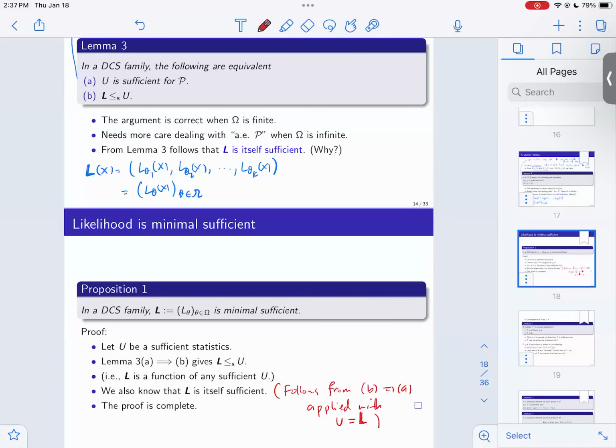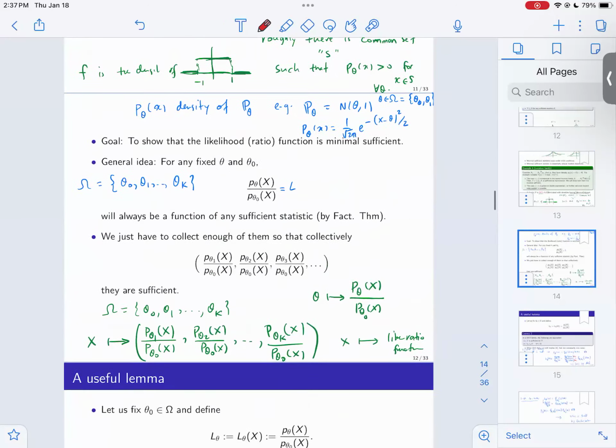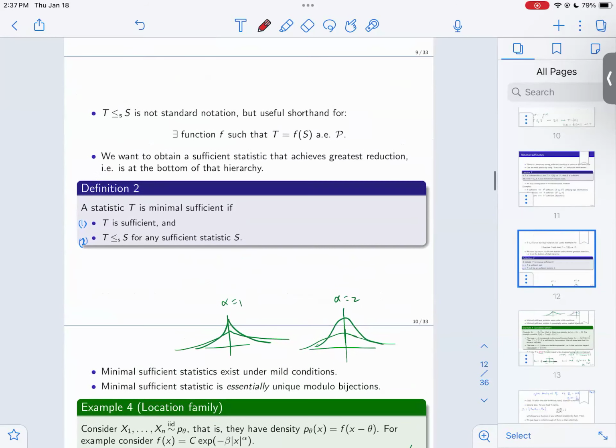The only issue is one thing that I ignored: all these statements that I mentioned hold almost everywhere P. If you have countably many of them, it's fine in measure theory. If you have uncountably many null sets, that would be problematic.